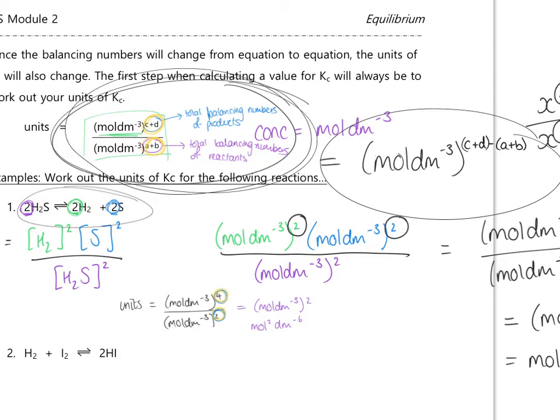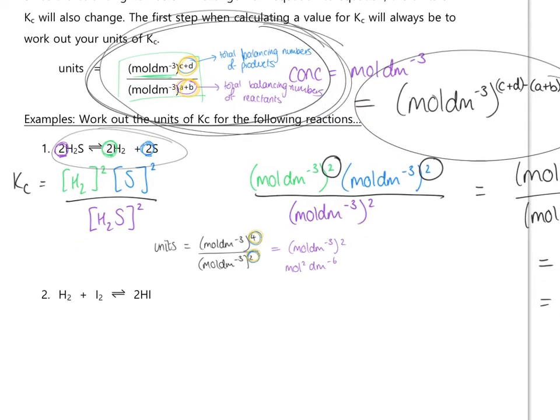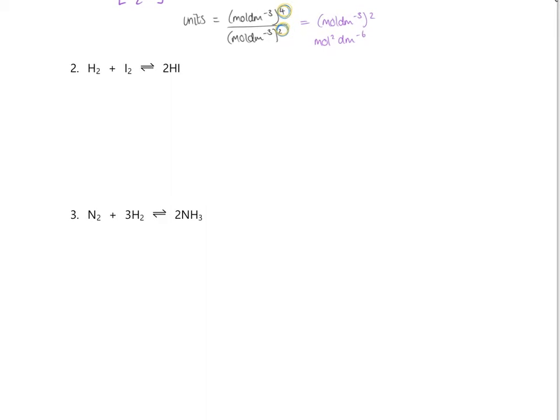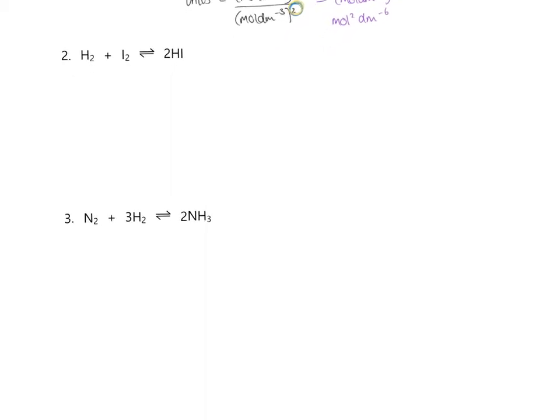Or if you'd prefer to look from example to example, you could do it how I first did it, writing your Kc expression, and maybe looking to see how you can cancel out. So I'll do the next one with you, and then maybe you could try the next one on your own, whatever way you would prefer to do it. Or even at this stage, if you're happy enough to pause, try it your way and then see if you get the final answer, because how I do it may be different than how you choose to do it.